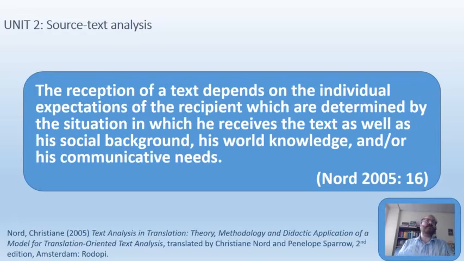She goes on to say that the reception of a text depends on the individual expectations of the recipient, which are determined by the situation in which he receives the text, as well as his social background, his world knowledge, and/or his communicative needs. So what she's saying here is that a text is only realized, in the sense made real, when it is read.